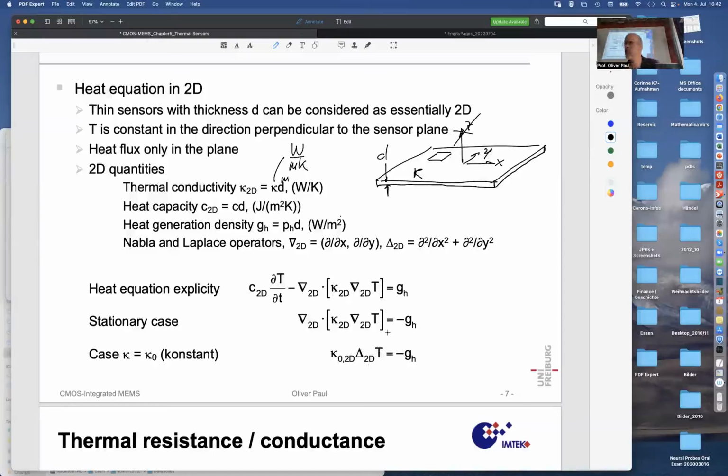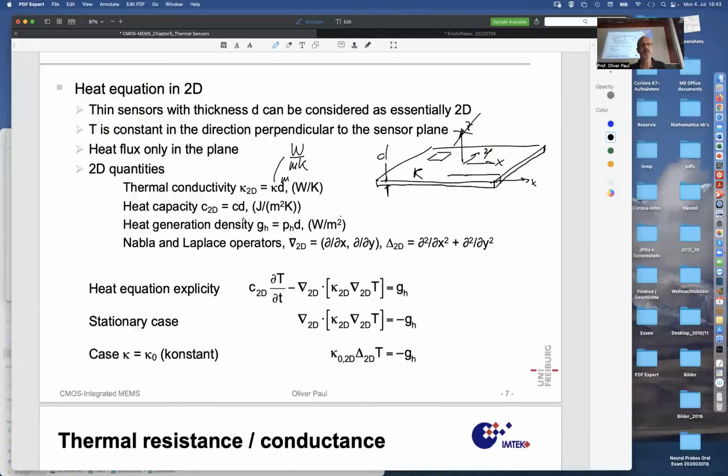Now you could of course think, what is it in 1D? I'll let you do that. Very simple. Probably we'll have a second derivative in one dimension down here. If I say this thing is now only a 1D thing, a very thin conductive wire or beam, and there is no change in the y direction, only x is relevant here, then probably we can supplement this kappa d by another dimension in this other perpendicular dimension.